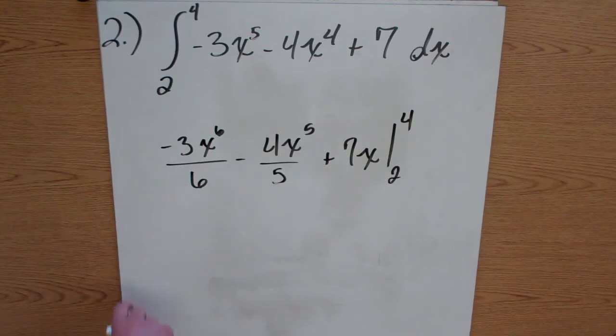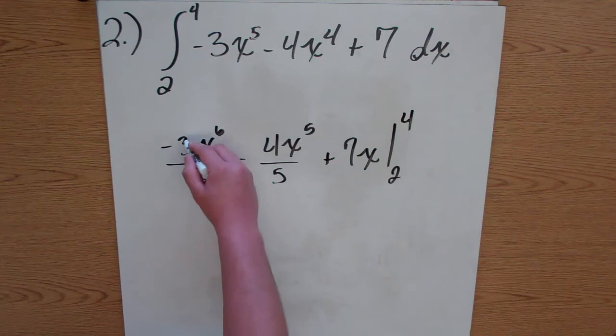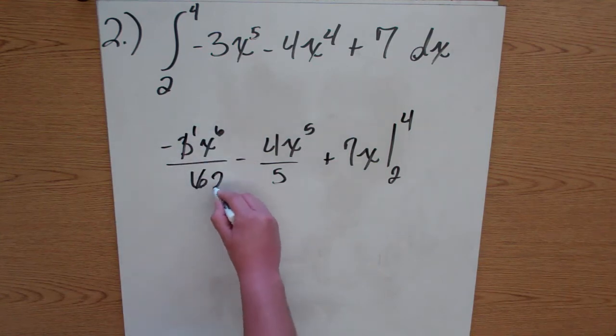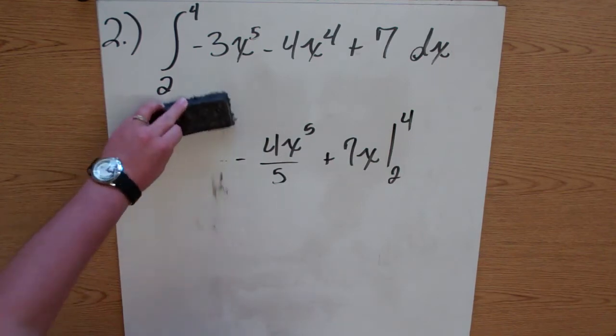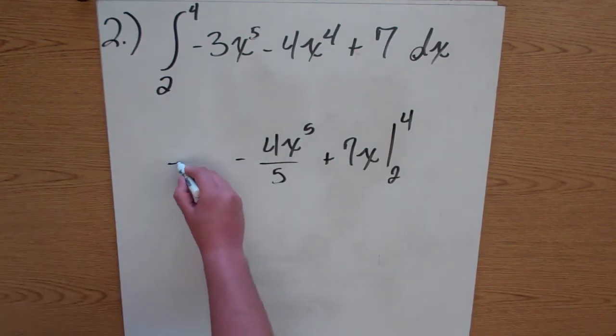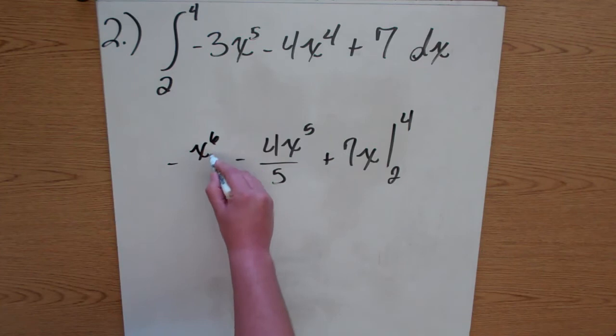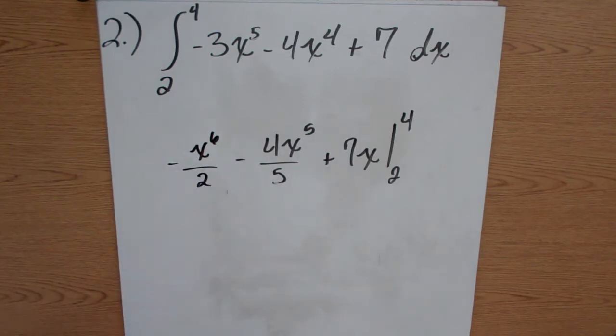Now, right here with this negative 3 over 6, this 3 will cancel to a 1 and this 6 will cancel to a 2. So we can replace this first term with negative x to the 6th divided by 2. And that'll simplify the math that we have to do a little bit.